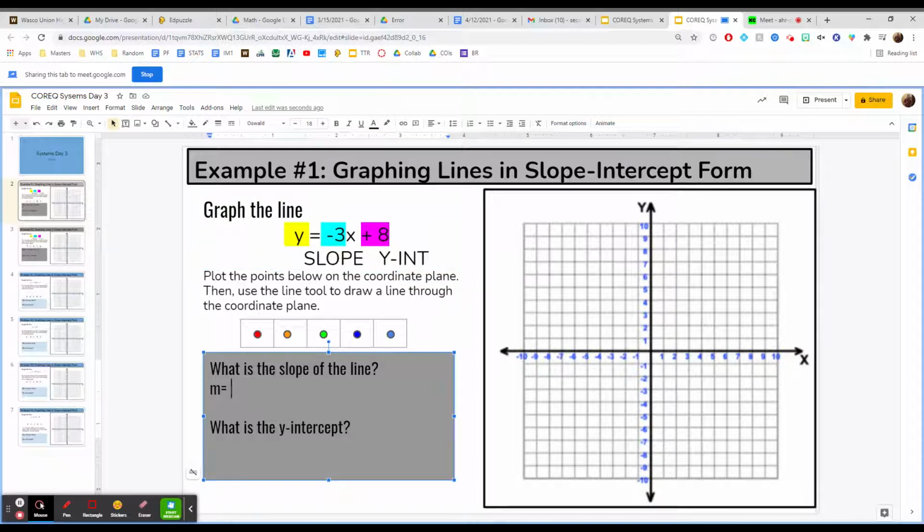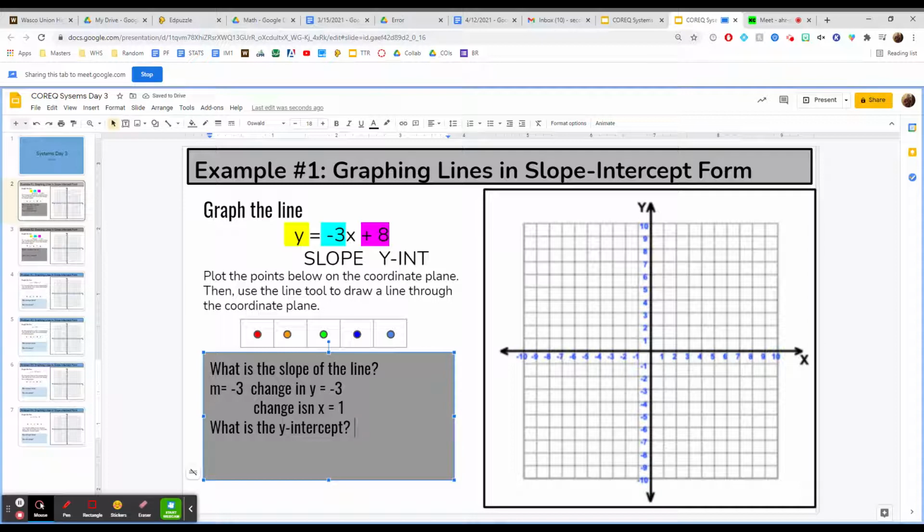So -3, and I have that the change in y, my delta y, is -3, while the change in x is 1. Okay, and this is going to help me with this over here.